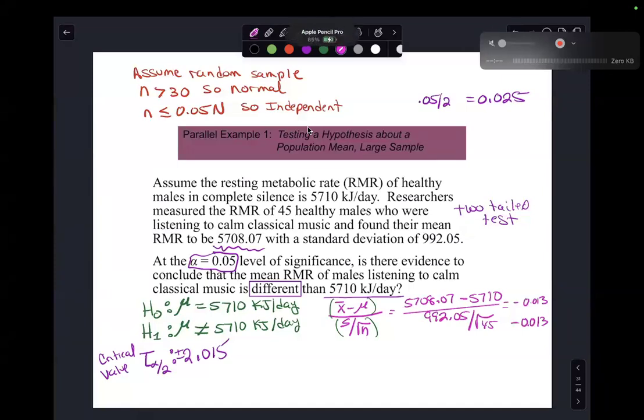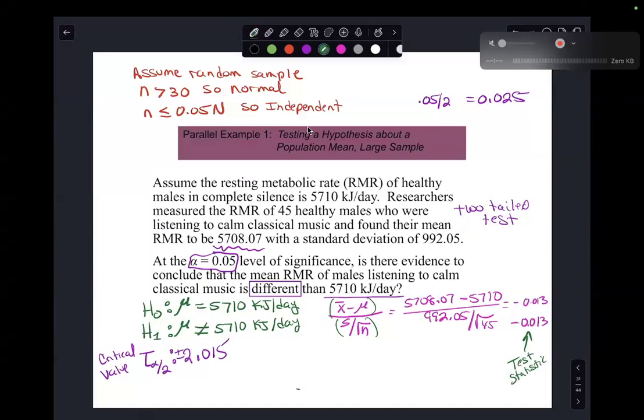So in this case, my test statistic, I'm going to put an arrow there. Test statistic. My test statistic is inside the confidence interval, right? It lands in my confidence interval.